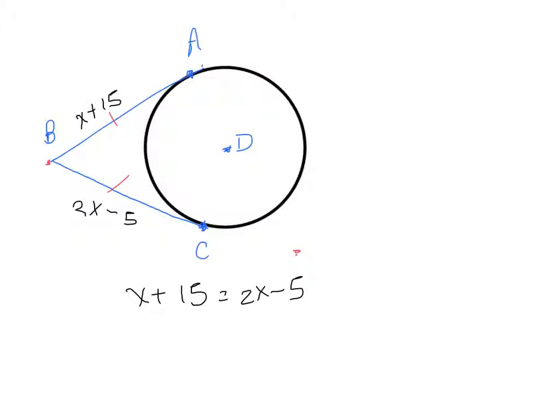I could subtract x from both sides to get that 15 is equal to x minus 5. I could now add 5 to both sides, and I would get that x is equal to 20. And that's how you would go about figuring out what x is in this case using that theorem.